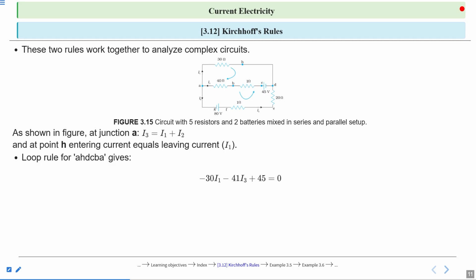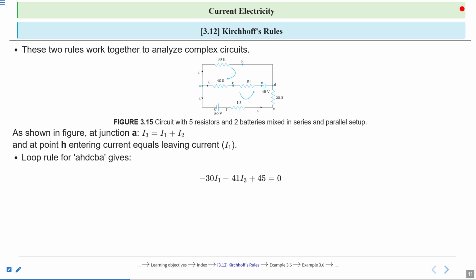If we are moving in a loop in the direction of current, then the potential drop across the resistor will be taken as negative. If we are moving in the direction opposite to the current in a loop, then the potential drop across the resistor will be added, will be positive.